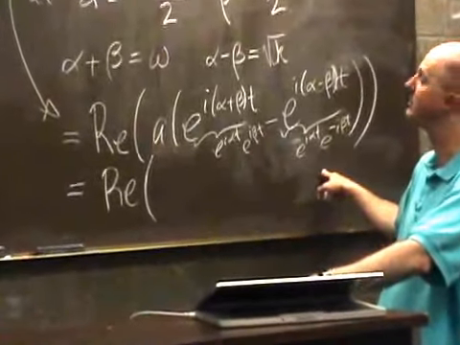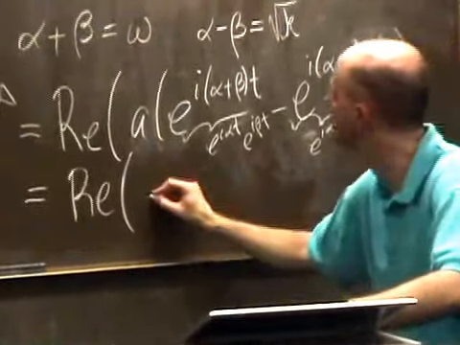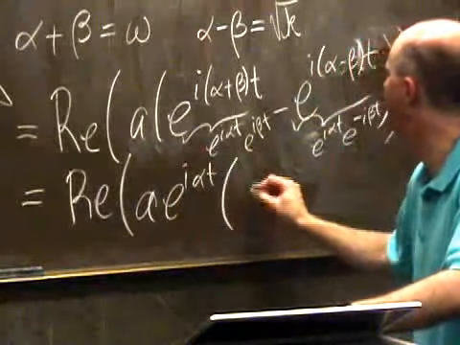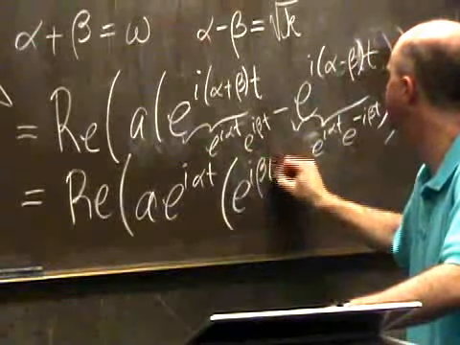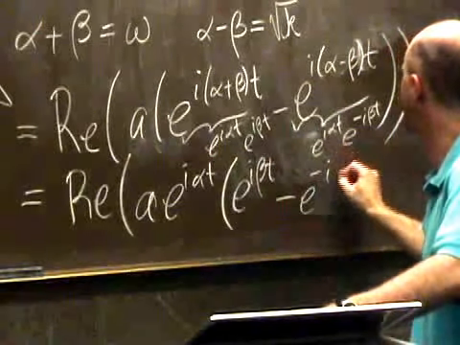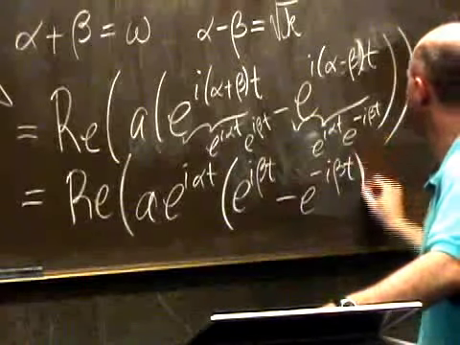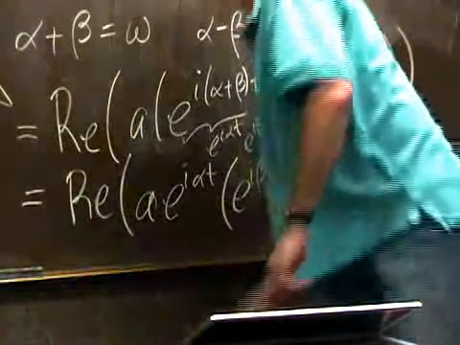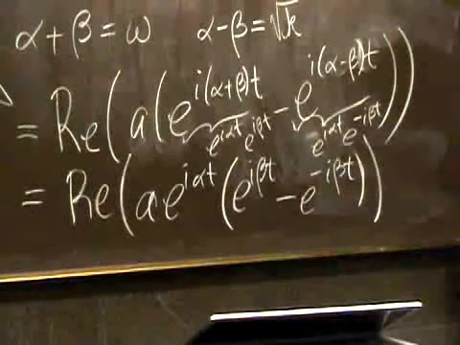That's why I made the substitution in the first place. That can now be factored out. So we have e to the i alpha t times this difference, e to the i beta t minus e to the negative i beta t. Okay, purpose still not clear, I'm sure. Again, we're getting close.